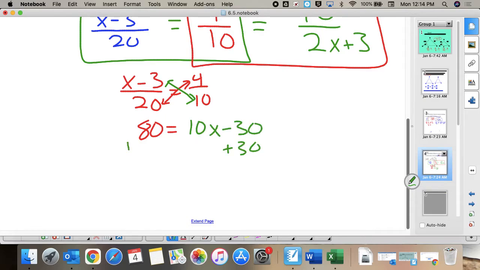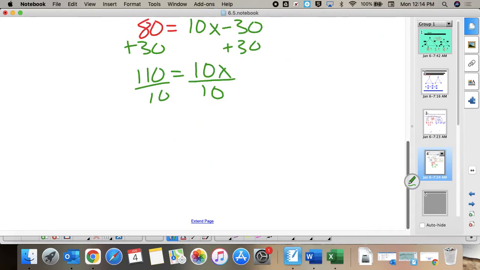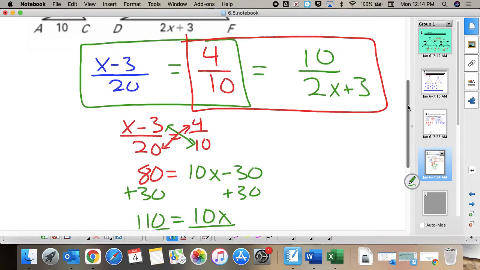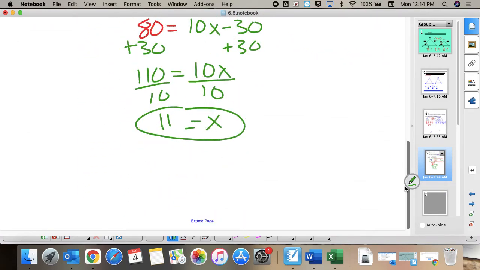So we add 30 to each side. We get 110 equals 10x. And then we'll divide by 10. And we get x to equal 11. All they want us to do is find that value of x that works. X is 11. So that's the way SSS or side, side, side works.